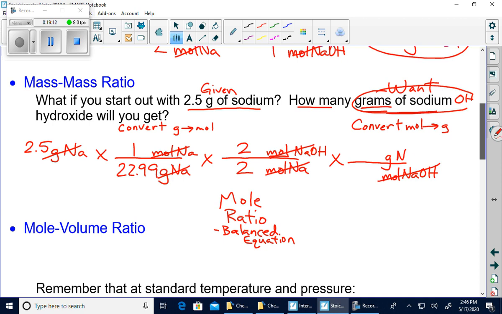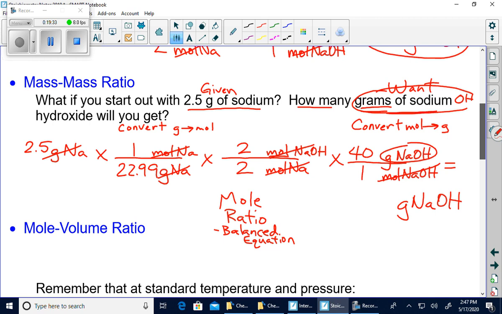Grams of sodium hydroxide on top. This is what I want, so I'm done. Okay, this is molar mass. I got it up above. It's 40, and 1 goes with moles because it's molar mass.